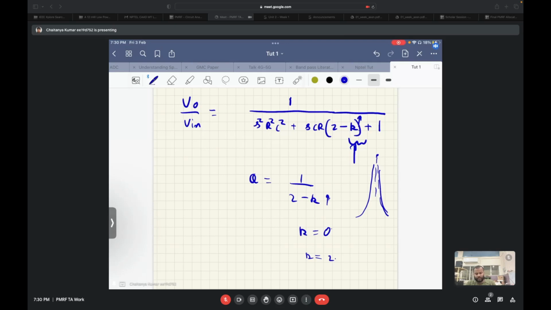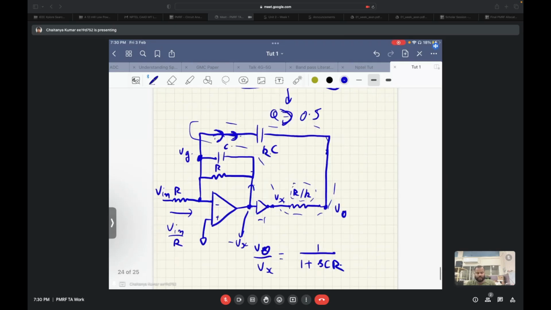So by moderately increasing the value of K, you can get any quality factor from 0.5 to infinity that you want from this circuit. However, one drawback of this circuit is that you are taking the output not from the output of the op-amp, but from the output of a node which has non-zero impedance.